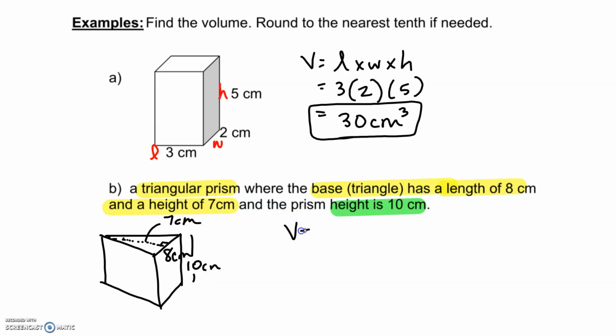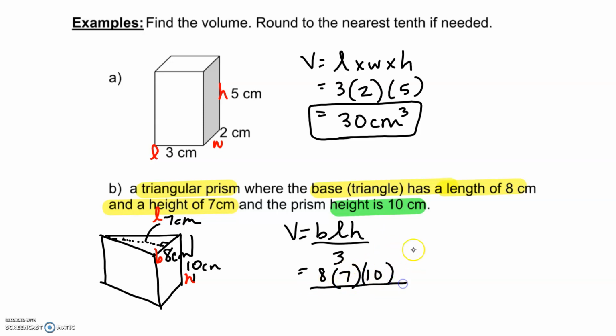So remember, for our triangular prism, it's B times L times H divided by 3. So I'll put my letters next to it. So my B is 8, my L is 7, and my H is the 10 centimeters. So I'll have 8 for my base times 7 for my length inside the base and 10 for my height.